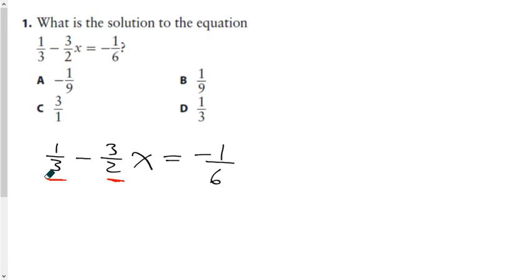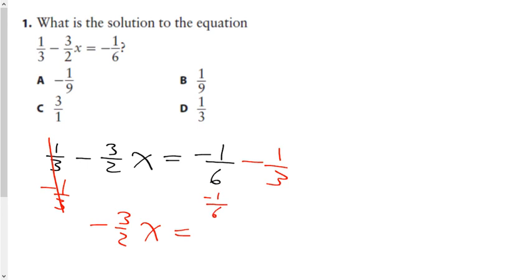I want to get rid of my constant first, so I'm going to subtract a third from both sides. So I'm going to subtract a third to get rid of the constant, and subtract a third. When I do that, I'm left with -3/2x is equal to, and then I have to find common denominators when I subtract, so -1/6 minus an equivalent fraction with a denominator of 6 would be, sorry, not -2, but 2/6.